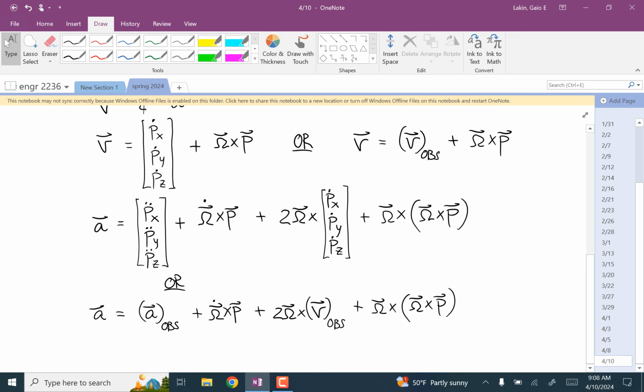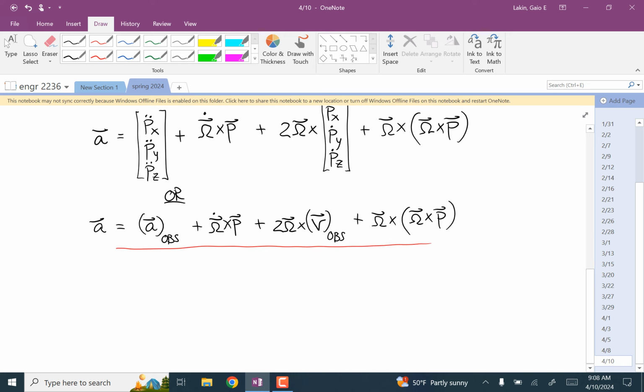Most often we're going to use this form, this one and this one. That's just most often what's going to be available to us. But when would you use the other one?